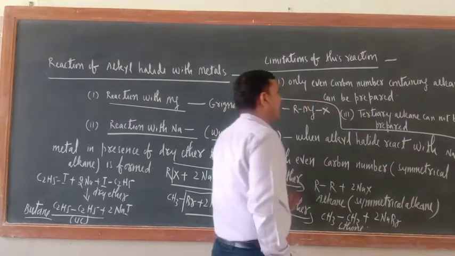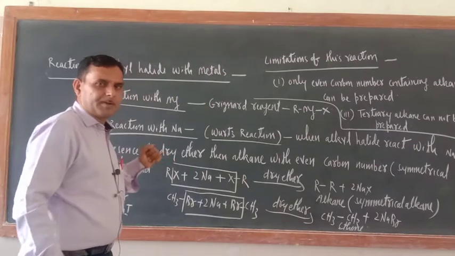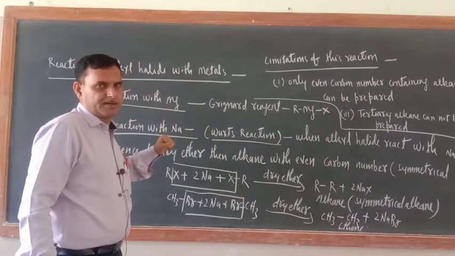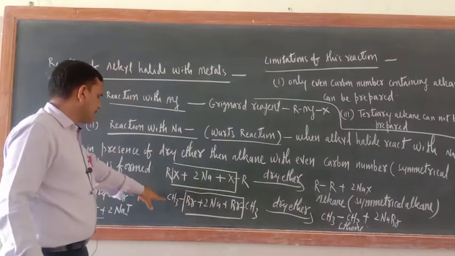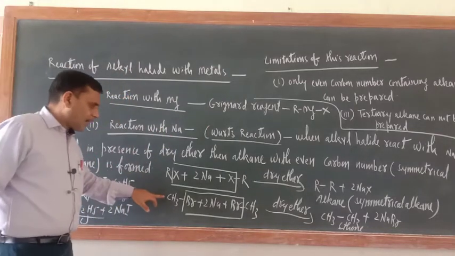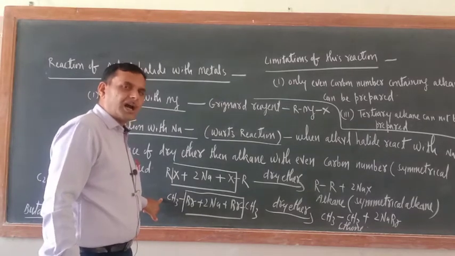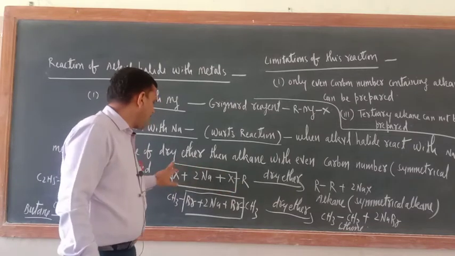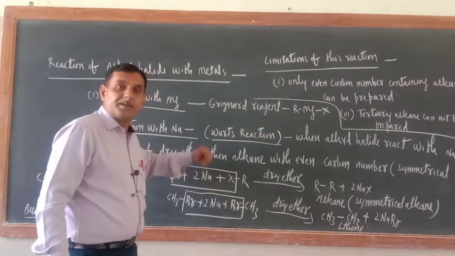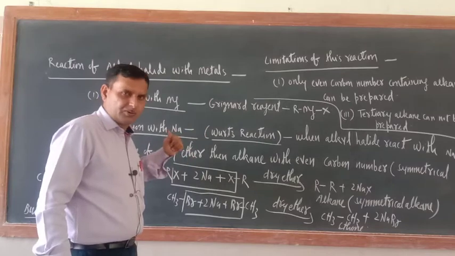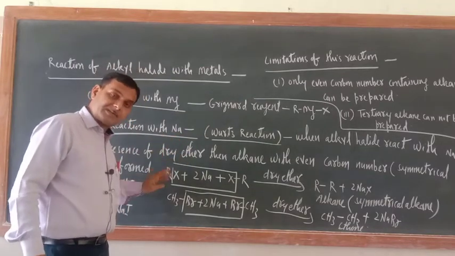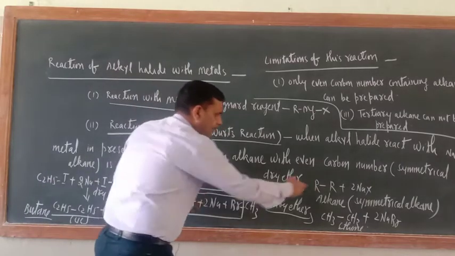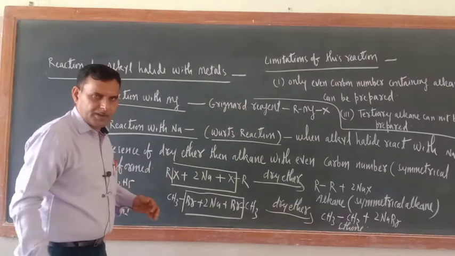Why can only even carbon containing alkane be prepared? Odd number carbon containing alkane cannot be prepared by this method. If you see these two examples, for the preparation of odd number or unsymmetrical alkane, you have to take the two RX molecules differently, means different alkyl halides. In Wurtz reaction, this R and this R combine and make a bond.